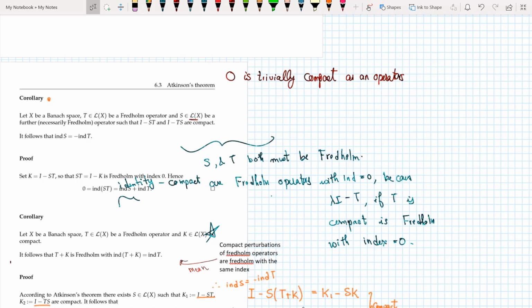So it says that let X be a Banach space, T be a Fredholm operator, and S be an operator such that I minus ST and I minus TS are compact. So both S and T are Fredholm.